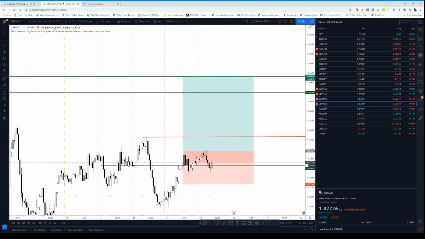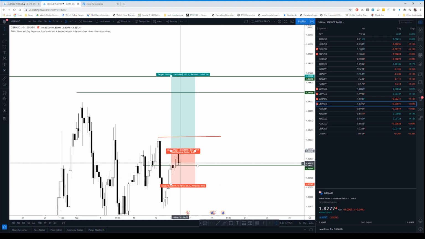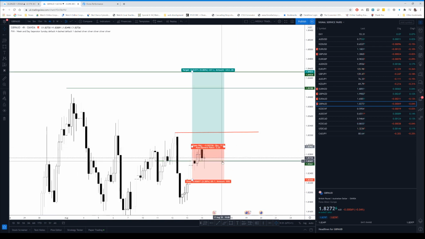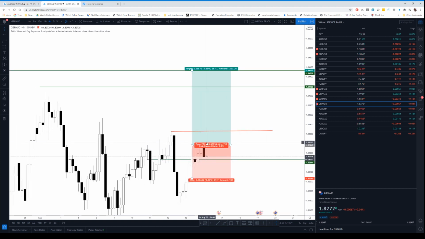I want to see a 4-hour rejection. So if I'm going to take this trade, I want to see us close above this. I want to see price run up, close above it, because this is the last up candle. If they're able to run up and close above it, it will send energy to attack this high.